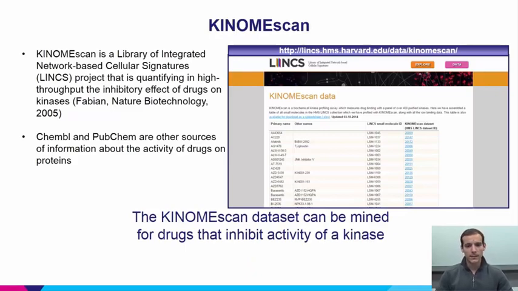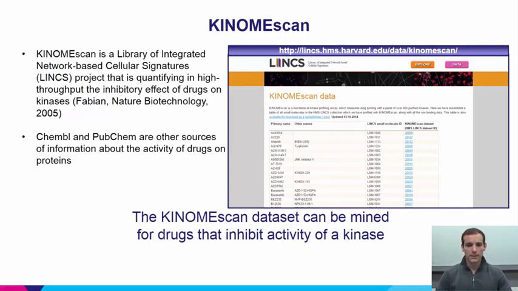This dataset is being generated as part of the LINCS project, which stands for Library of Integrated Network-Based Cellular Signatures. The KINOMEscan project is quantifying in high throughput the inhibitory effect of many different drugs on kinases.